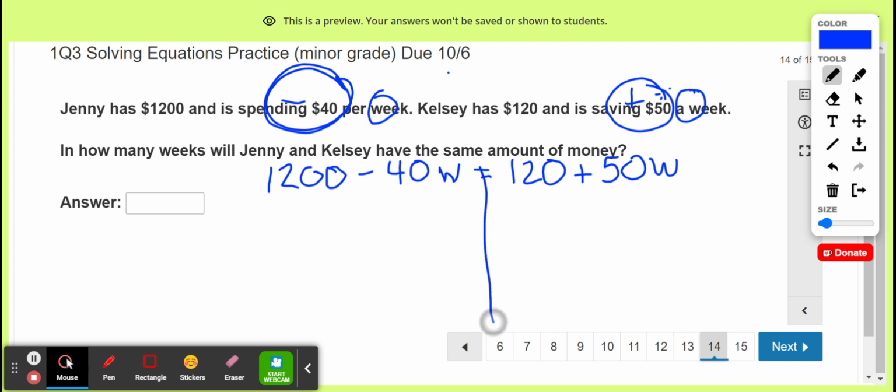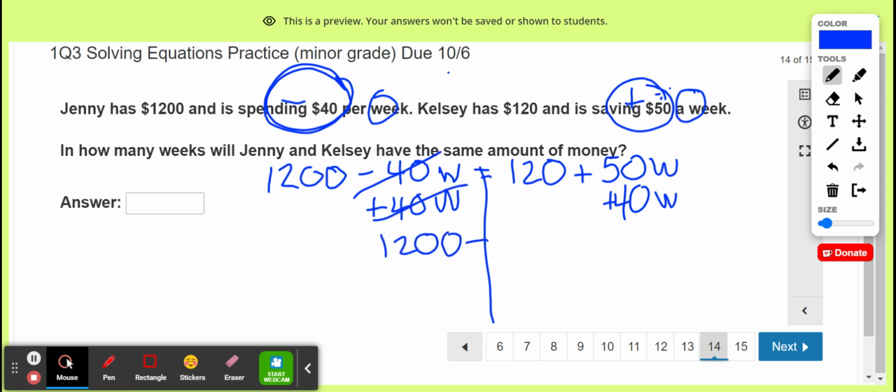So let's start with consolidating the variable. I'm going to add 40 to both sides. We're left with 1,200 on the left and 120 plus 90 on the right. Subtract 120 from both sides.